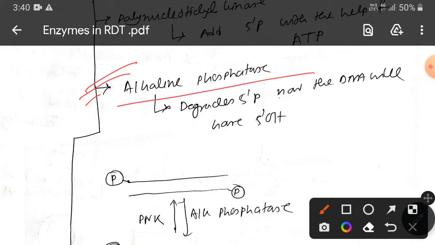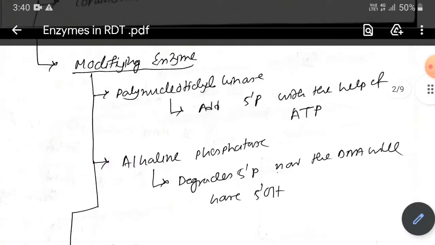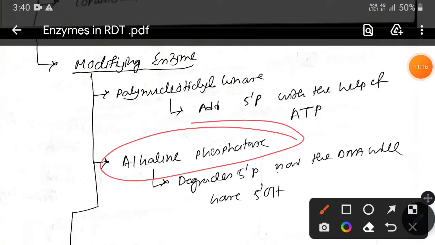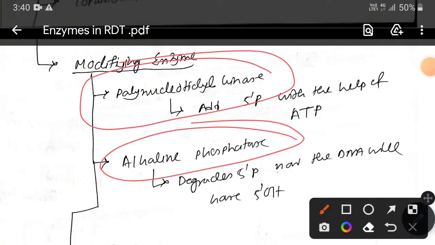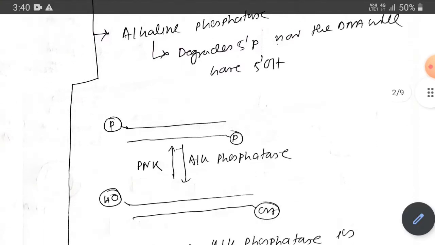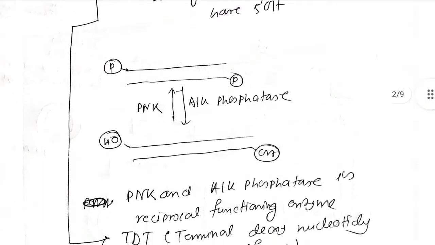Remember, the reverse work of polynucleotide kinase is performed by alkaline phosphatase. If polynucleotide kinase helps you to add a phosphate group at the 5' position of the DNA, then alkaline phosphatase helps you to remove or degrade that 5' phosphate group. Okay, so that is the entire idea.